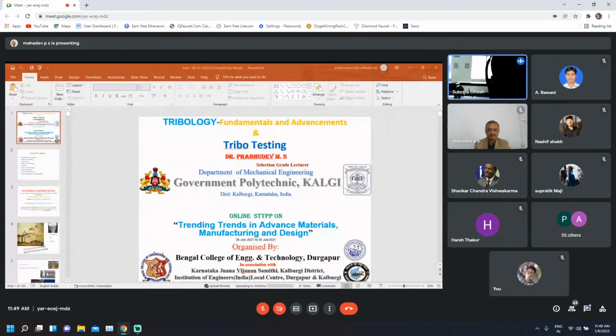He has also been elected three times in a row. And apart from this, he is a committed teacher. He served as lecturer, senior grade lecturer, and selection grade lecturer since 1998 at Government Polytechnic, Kalburgi. He has more than 21 years of teaching experience.